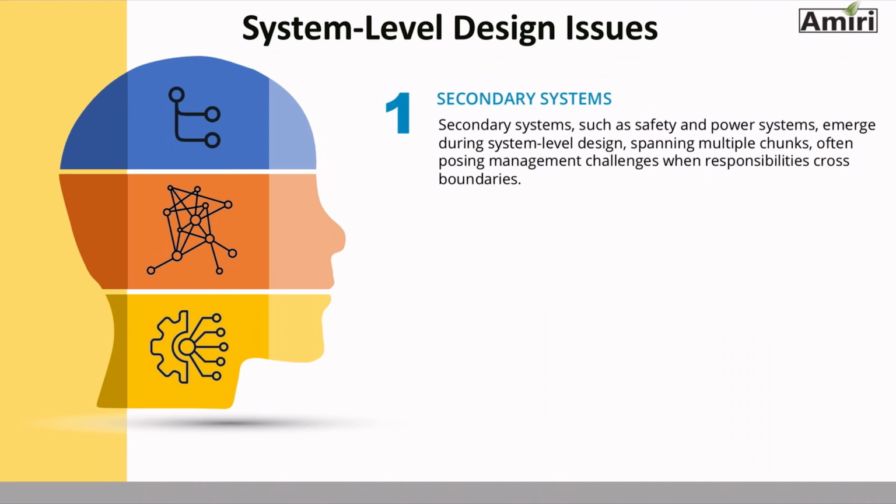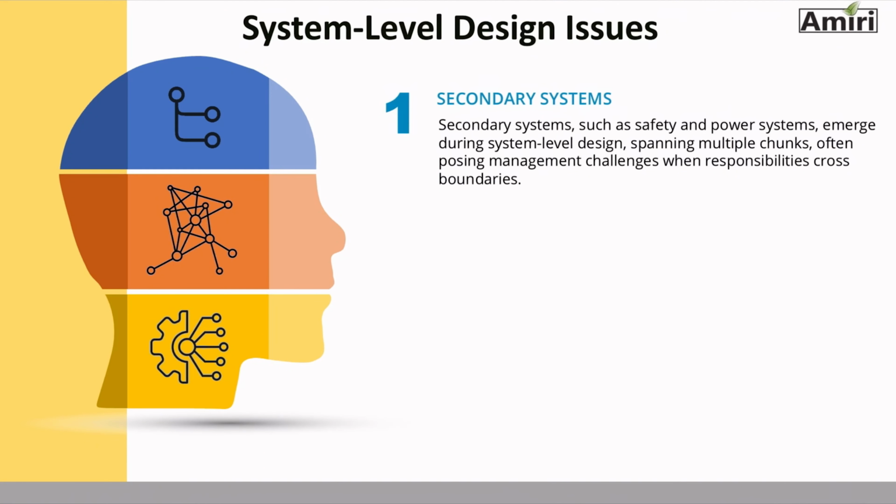Secondary systems like safety or power systems are additional elements that are not shown in the initial schematic and are developed as system level design evolves. These systems often span multiple chunks, typically involving flexible connections or wiring or tubing, and systems such as those should not be overlooked.